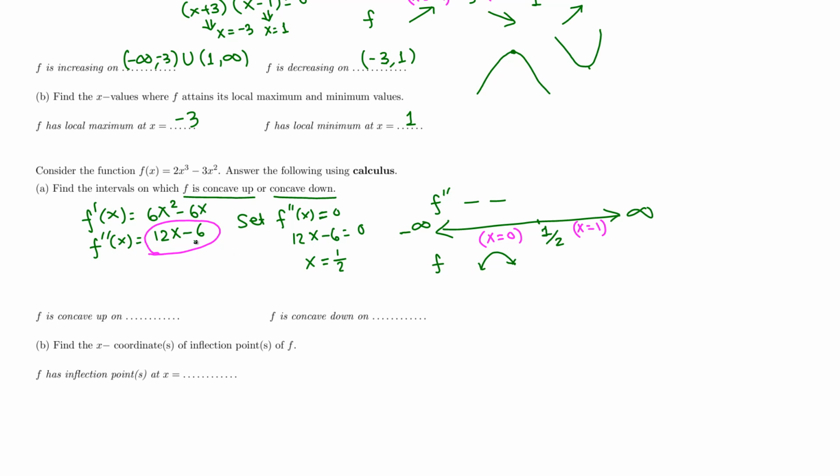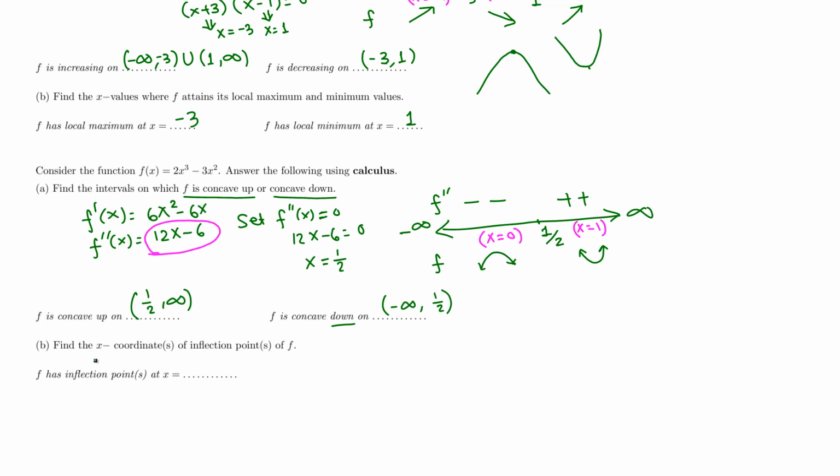X equals 1, plug in 1 here, 12 minus 6 positive, so this is positive, means concave up. So the function is concave up on 1/2 through infinity, concave down on negative infinity through 1/2.